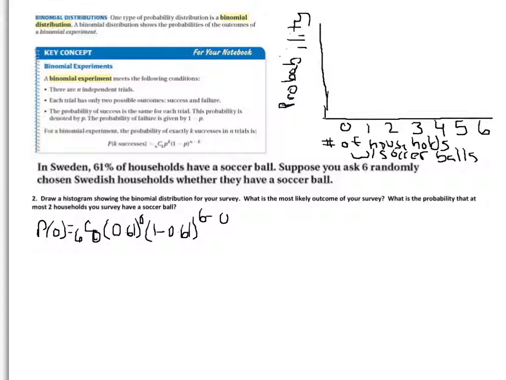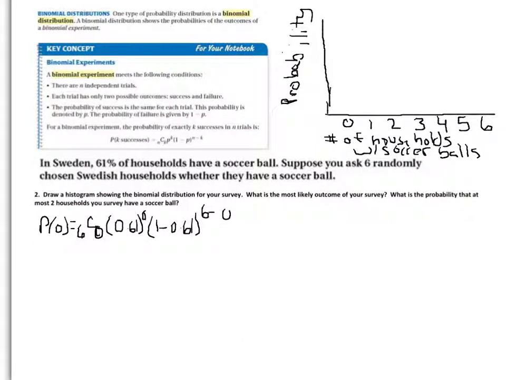So we have to set up now to be able to calculate the probability for 1. So we do 6 choose 1, 0.61 to the first, (1 minus 0.61) to the 5th, because 6 minus 1 is 5.